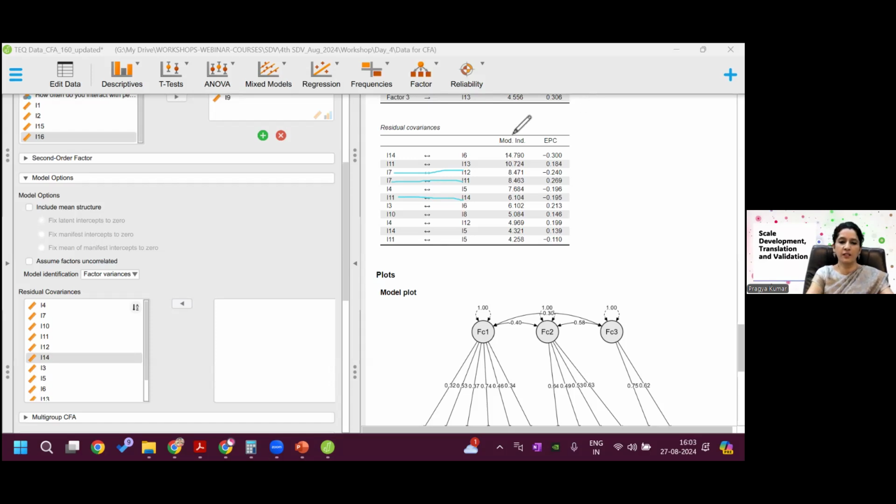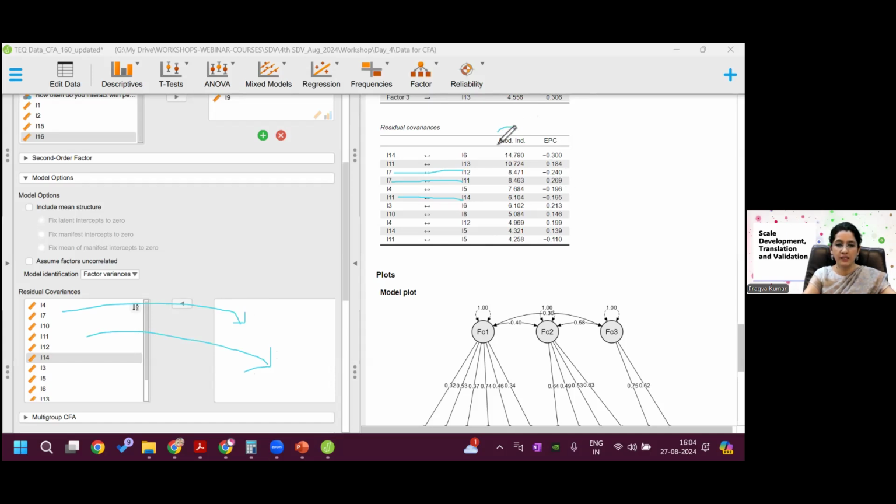You see the residual covariances. Covariances means these two items are strongly moving together as compared to others. So if you put these items in this covariance matrix, if I shift these items here together, I'll show you, then your model fit indices will increase. So these are to modify your models.